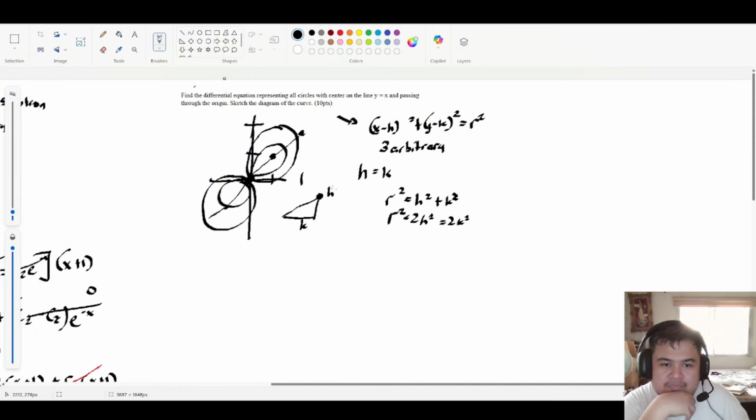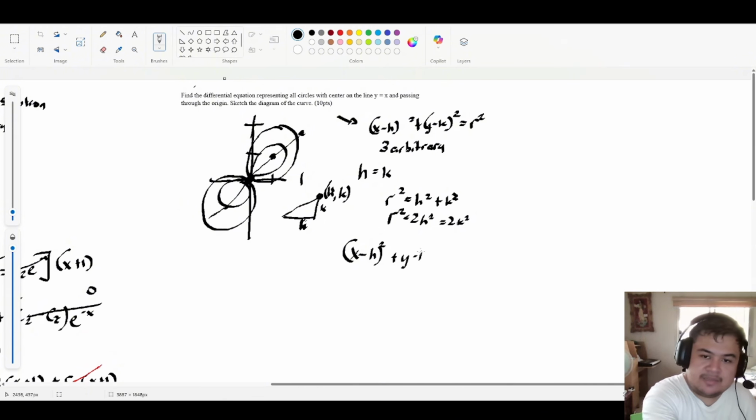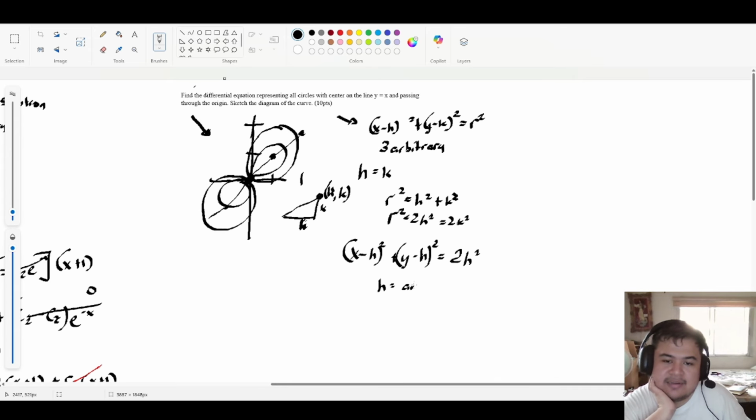So using this initial condition, we can substitute that your h is h, your k is h, and your r squared becomes 2h squared. Meaning, in this situation, h is an arbitrary constant, and you only have one arbitrary constant.